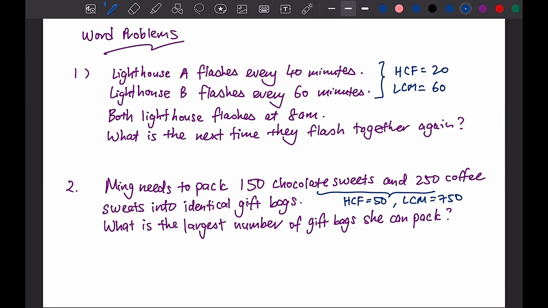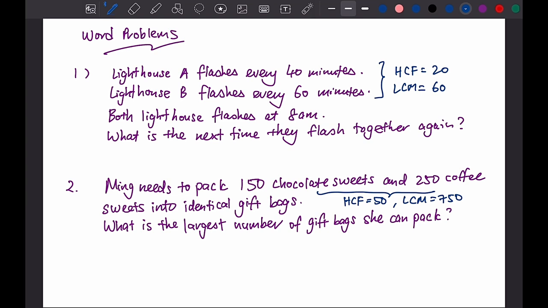But basically, after reading these two questions, you realize that it's just a question of, is it testing us for HCF or LCM? Then from there you can work out the other things that they want you to find. For example, in question 1 they want you to tell them what is the next time they flash together. But when you realize whether it is HCF or LCM, then from there you can continue working that.